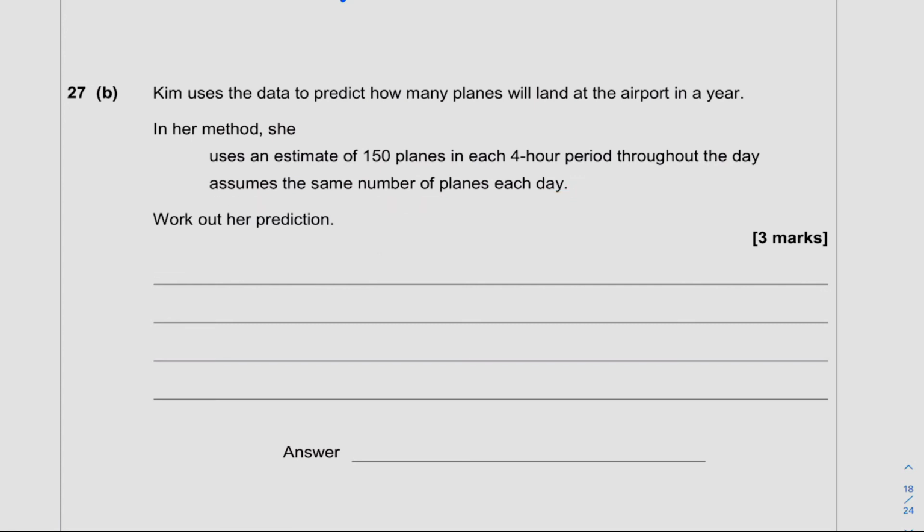So we've got 150 planes in a 4-hour period. So we need to work out how many 4-hour periods there are in a day first of all. So 24, the number of hours in a day, divided by 4, the 4-hour period, is equal to 6. So there's 6 of these 4-hour periods in a day.